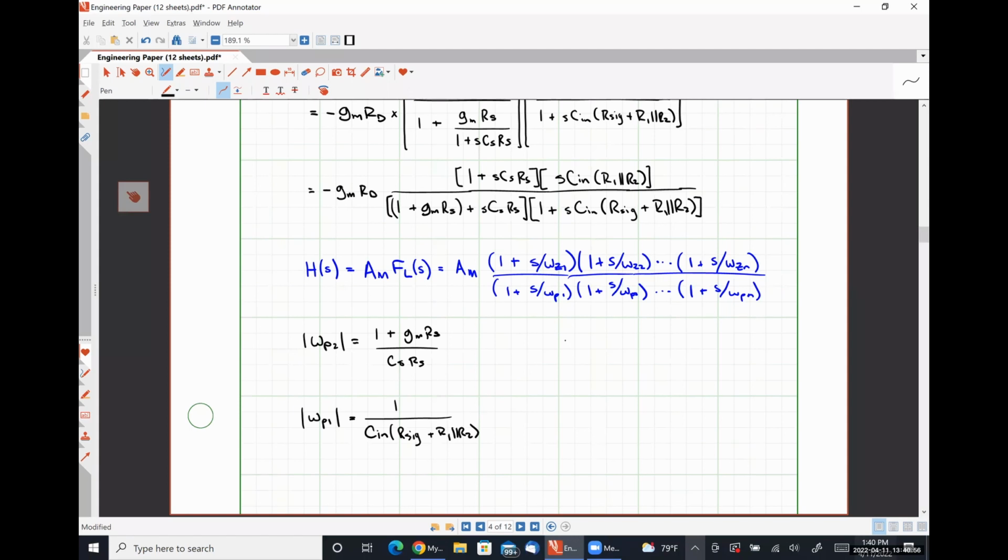It has a zero at 1 over CSRS, and it has a zero, sorry, at a frequency of 0.